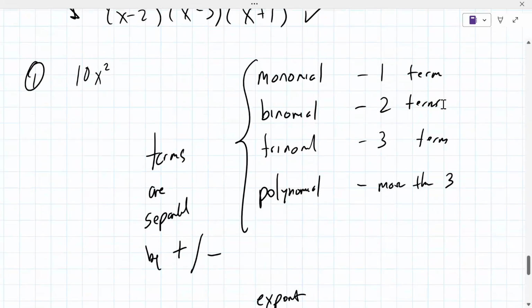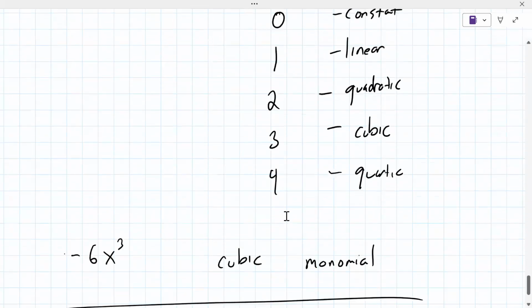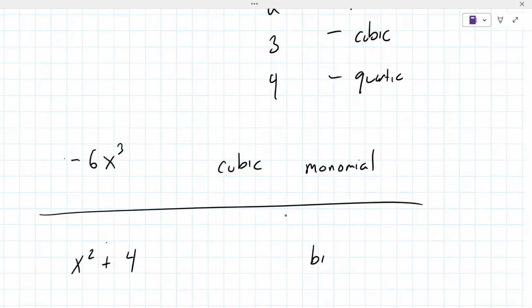So that's a binomial. But then you look at the degree of the exponent. What is this? Is it constant? Is it linear? I got it. It's quadratic.